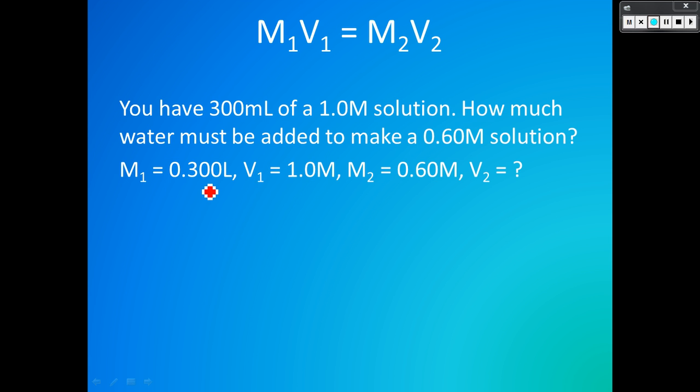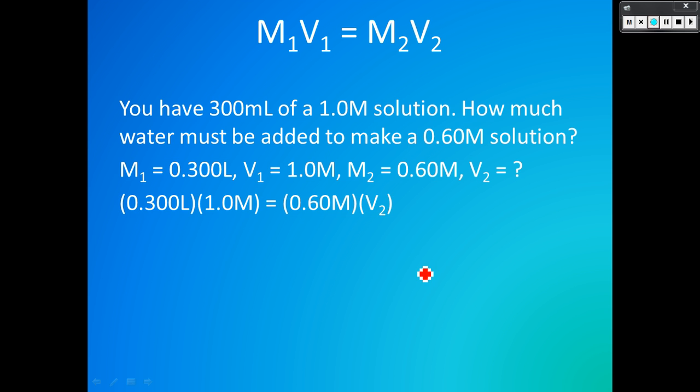So my V1 is 0.300 liters. I'm going to assume by now you can convert that in your head. My M1 is 1.0 molar, right? My M2, my second molarity that I'm going to end up with, is 0.60 molar. It's my V2 that I want to know.